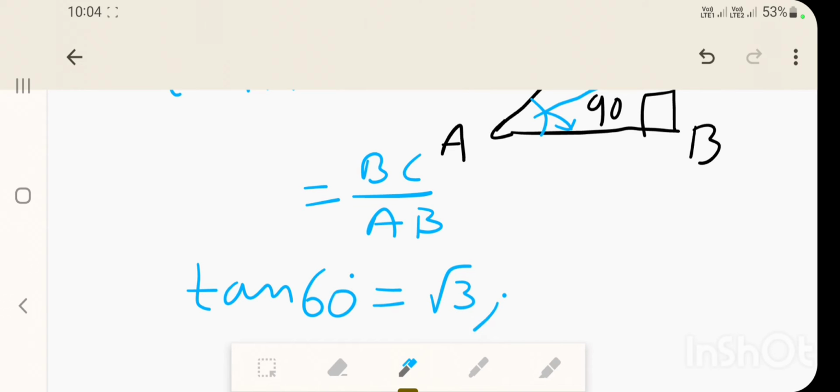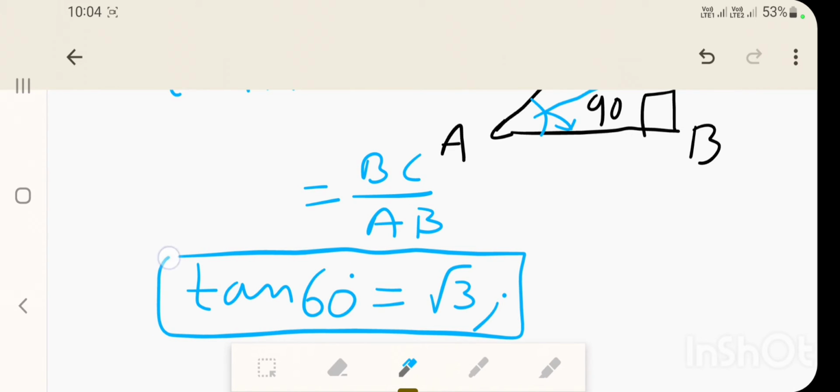This is very important. If you use BC by AB, what is BC? We don't know. What is AB? We don't know. What is hypotenuse? We don't know. But you have to solve. So you have to remember these values, like tan 60 is root 3 and tan 30 is 1 by root 3. Okay, these are some of the values.